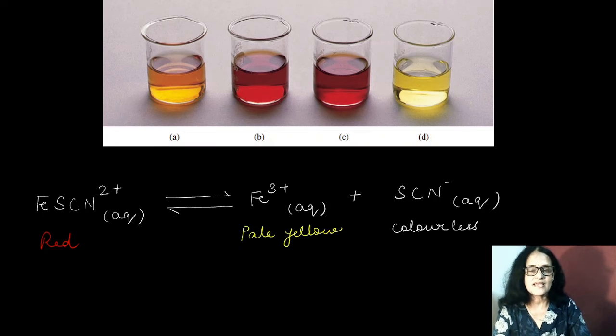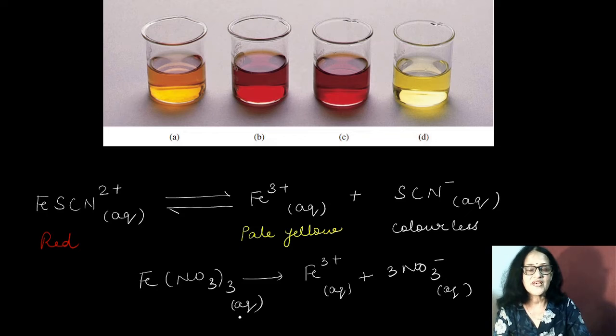Now, in the third case, we can add some ferric nitrate solution in beaker A. What is ferric nitrate? Ferric nitrate is Fe(NO3)3. Ferric nitrate on dissolution in water will form ferric ion and nitrate ions. Again, we can see that on addition of ferric nitrate in beaker A, the concentration of ferric ions will increase.